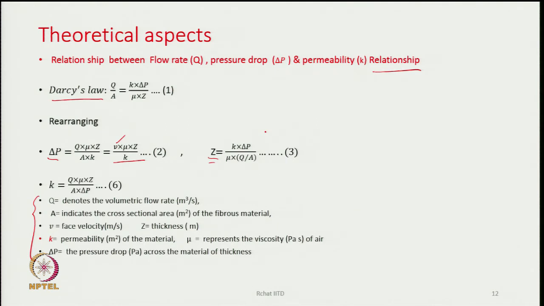So, the same equations are written in different ways, so that whatever is known to us, we put those values on the right hand side of the equations, and what is unknown is on the left hand side. These basic equations are going to be very useful for filters.